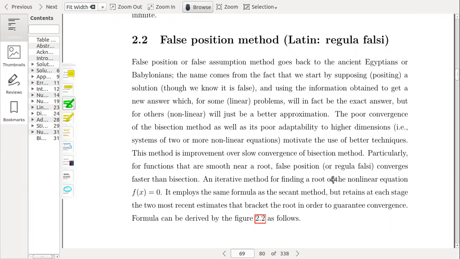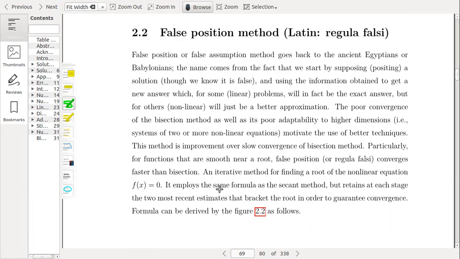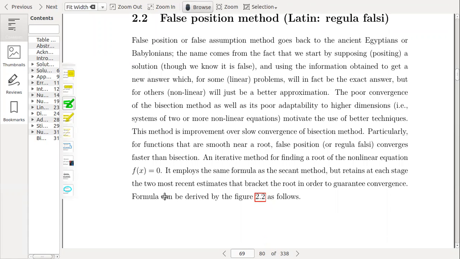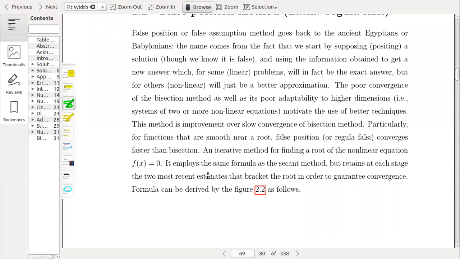False position or regula falsi converges faster than the bisection method, an iterative method for finding a root of a nonlinear equation. It employs the same formula as the secant method but retains at each stage the two most recent estimates that bracket the root in order to guarantee convergence.